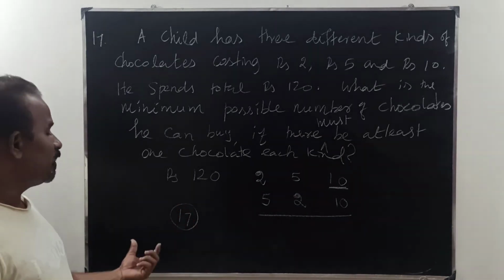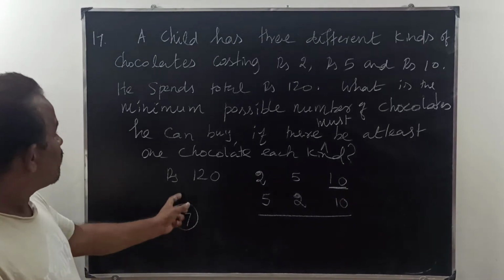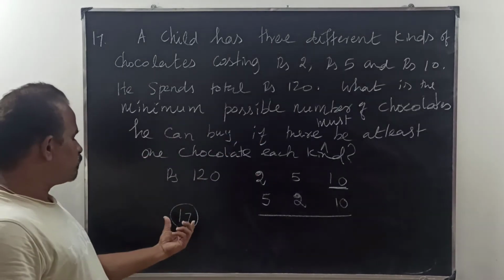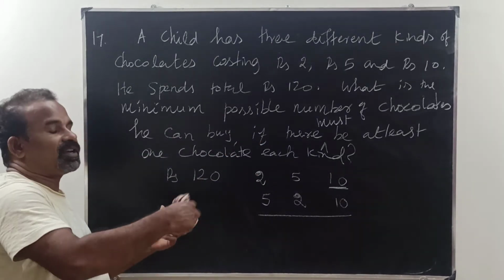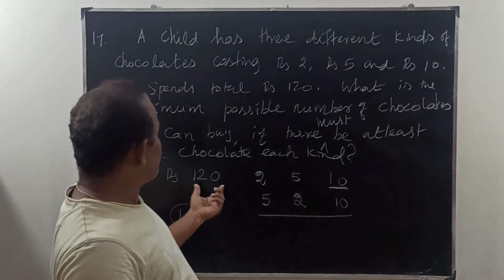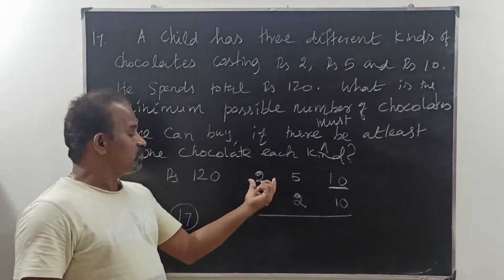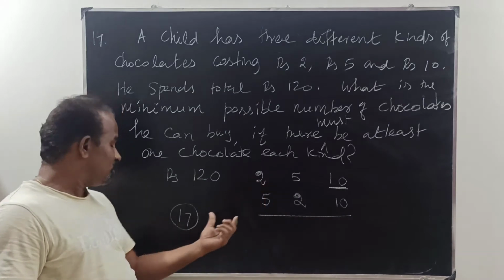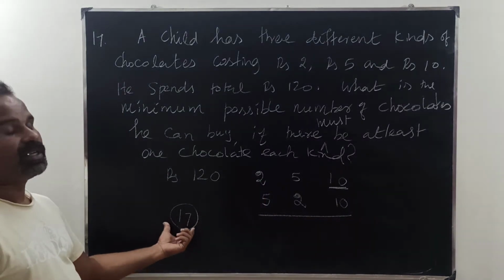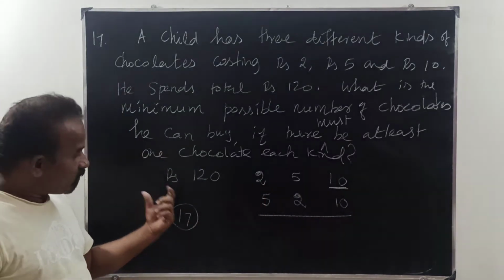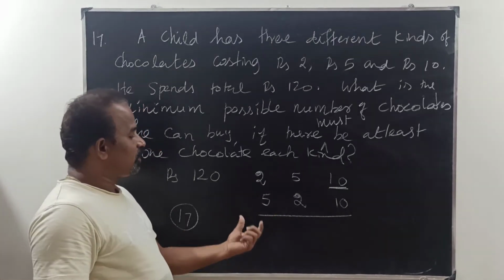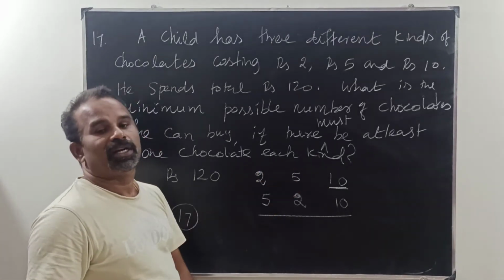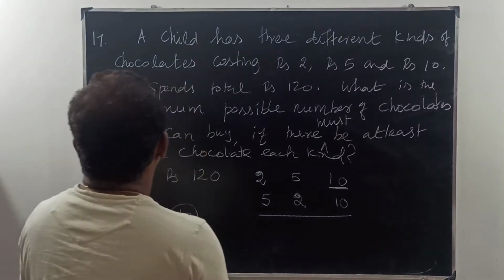This will be the minimum possible number of chocolates. Otherwise the number will increase. Out of 120 we can purchase 60 chocolates. So this is the minimum number of chocolates she should purchase, with the condition that she should get at least one of each.